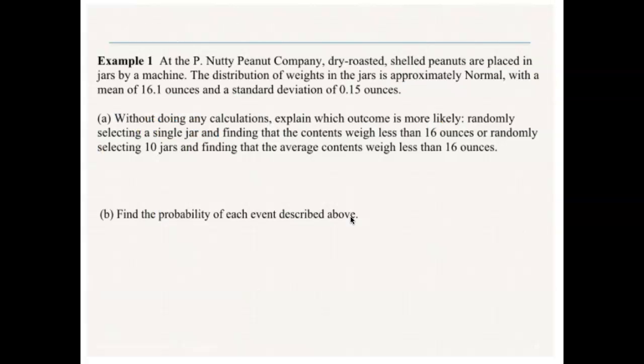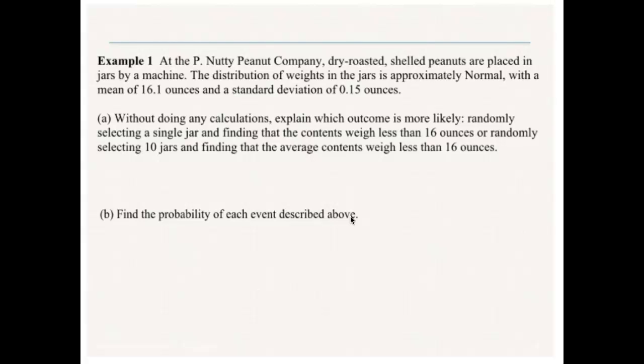Let's do an example. All right, at the Peanut Company, dry roasted shelled peanuts are placed in jars by a machine. The distribution of weights in the jars is approximately normal, with a mean of 16.1 ounces and a standard deviation of 0.15 ounces. Without doing any calculations, explain which outcome is more likely.